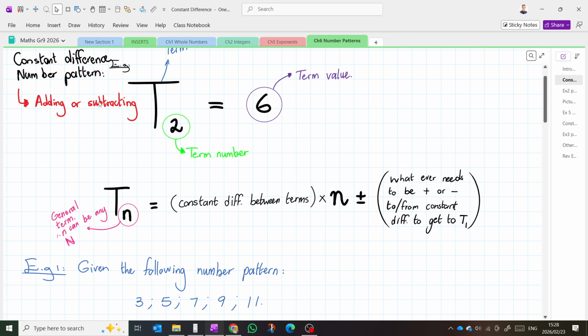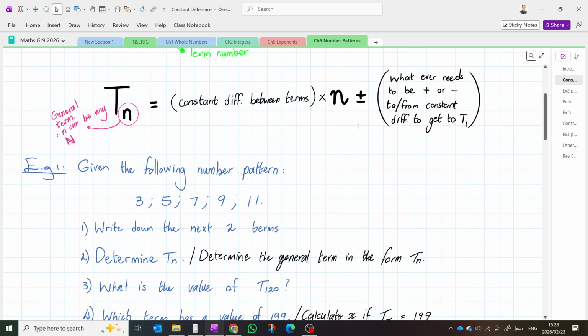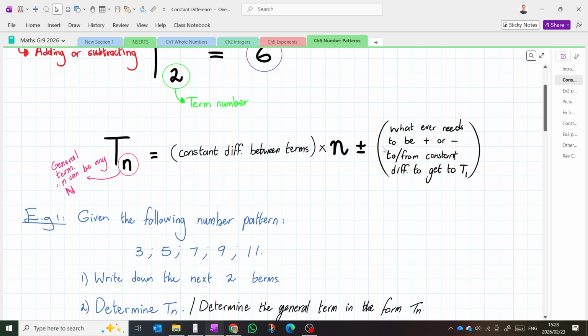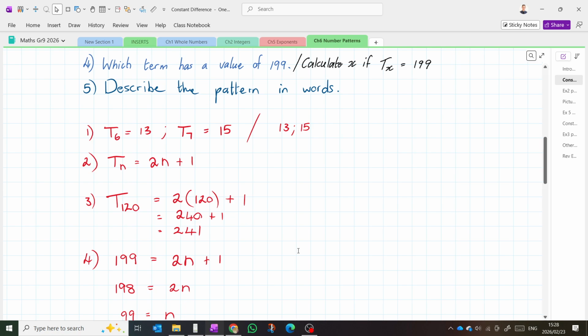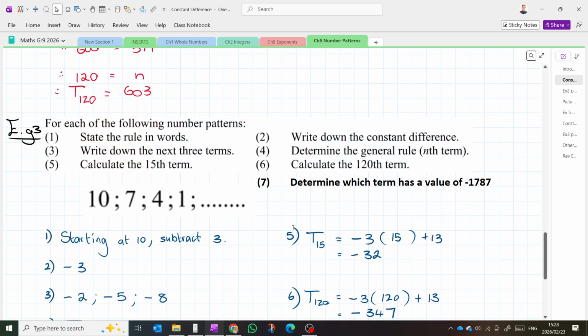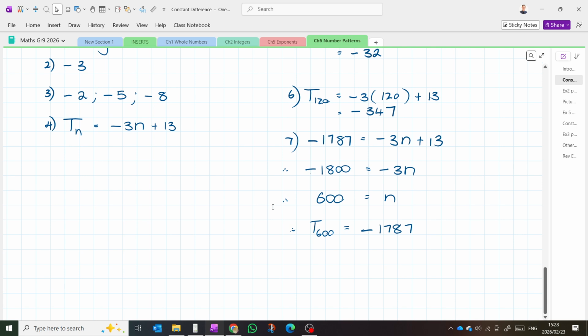You simply need to recognize what you are adding or subtracting, see what you need to do to that number to get to the first term that you were given, and then there's some calculations that you need to know how to do. But there were 3 examples that covered all of them, and this can now be applied in exercise 2, which we're going to have a look at, and it can also be applied to picture number patterns.